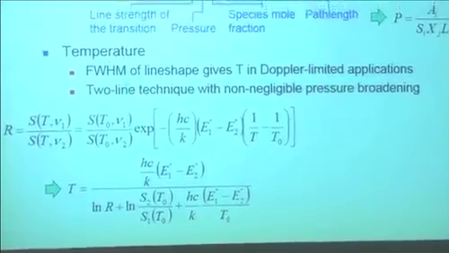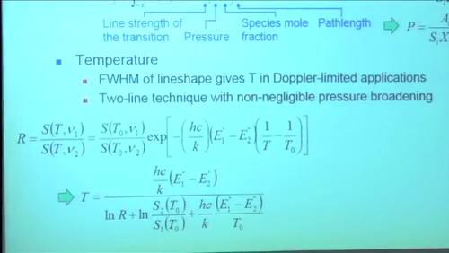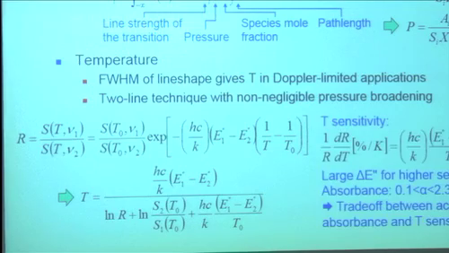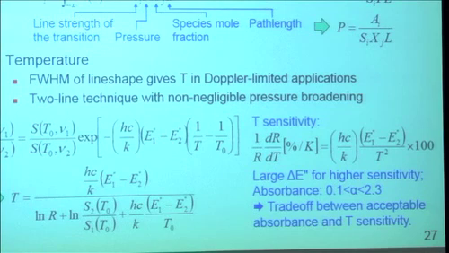Or you can use the two-line ratio and take the ratio of these two lines. So you can look at the integrated area for two lines, take the ratio, and that depends only on temperature, independent of line shape function. So in this case, we recognize the role of the line shape, but we cancel it out by integrating over the line.